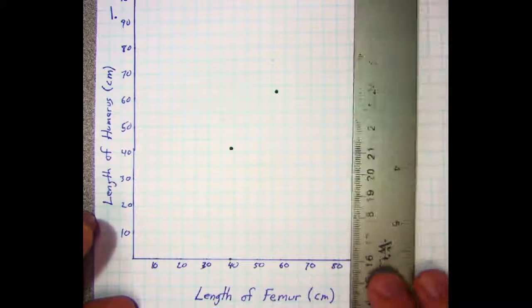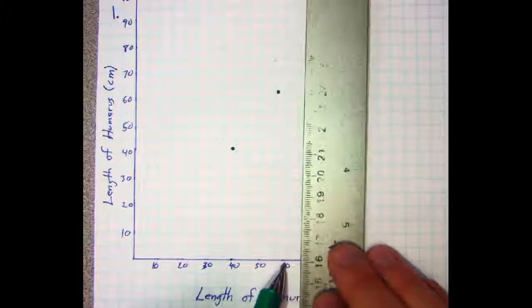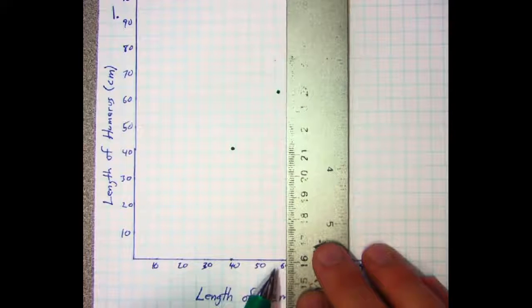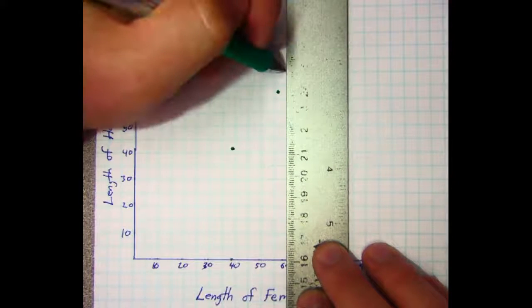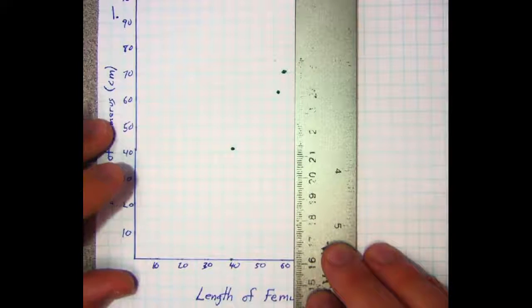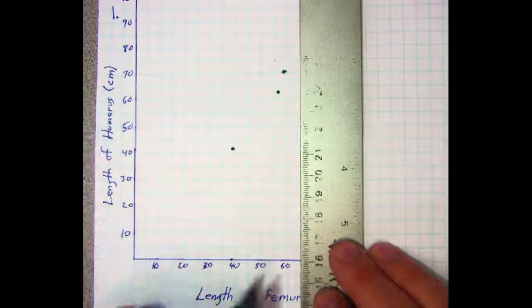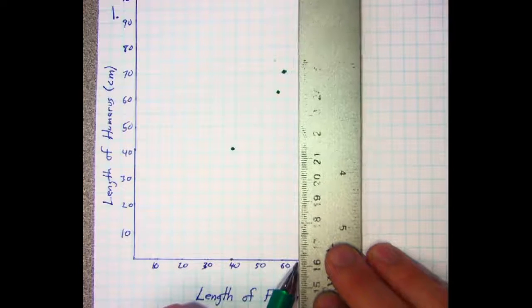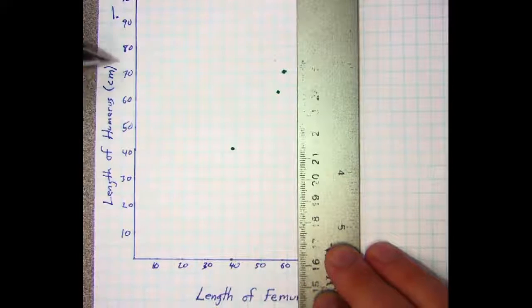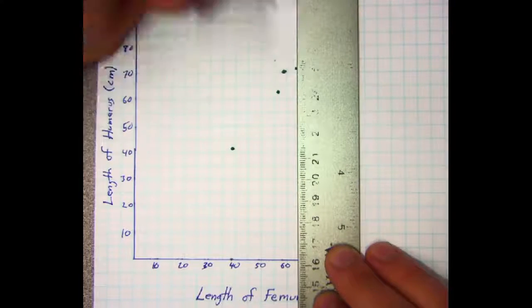Okay. Do 59, 70. You got 59, there's 60, so 59 right before it, 70. There we go. 64, 72. Here's 65, so 64, a little bit below it. 72, right about there.